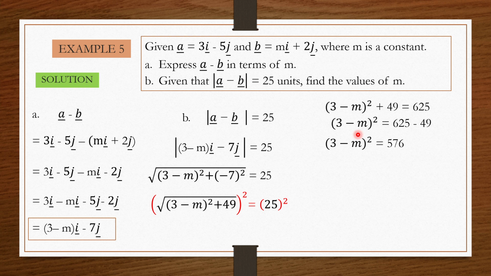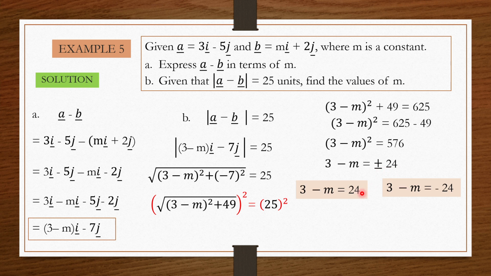Simplify and you have this. Now you can expand 3 minus m square and you'll get a quadratic equation and you factorize. But here I'm not going to expand. So I'm just going to find the square root of 576. So that will be plus minus 24.